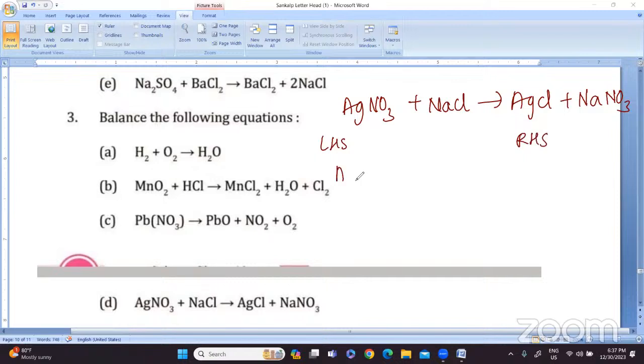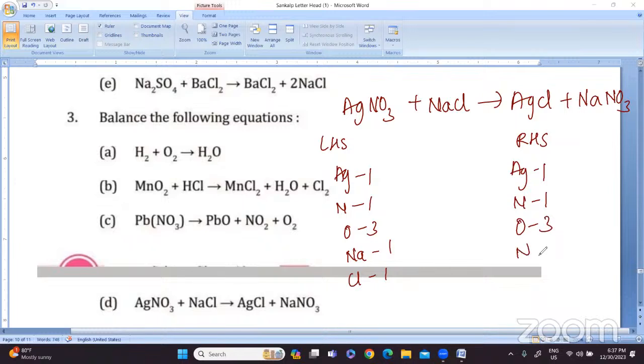Left hand side Ag 1, nitrogen 1, oxygen 3, Na is 1, Cl is 1. Then right hand side Ag is 1, then N is 1, oxygens are 3, sodium is 1 and Cl is 1. So is it a balanced reaction? Yes, right. It is already a balanced reaction.